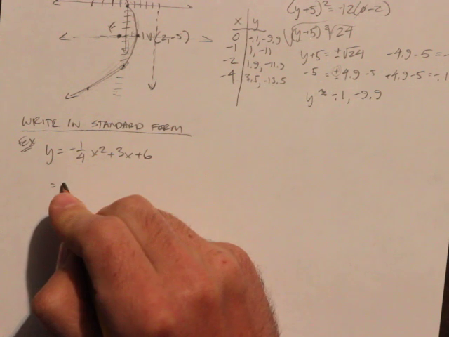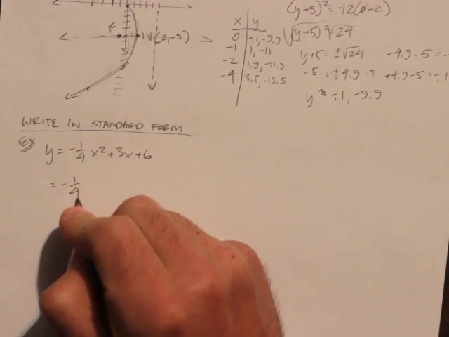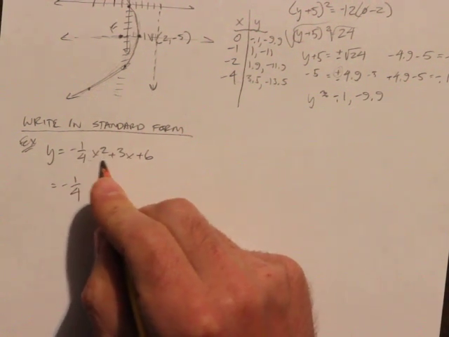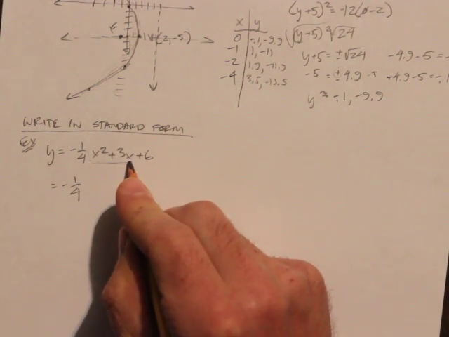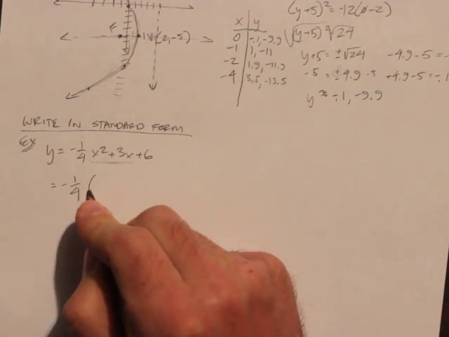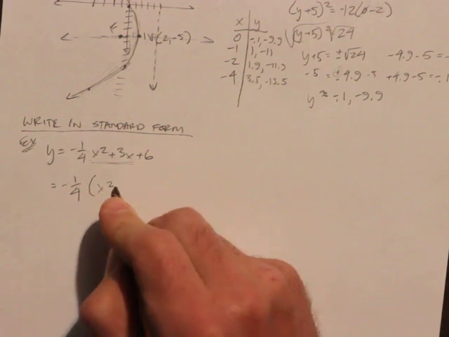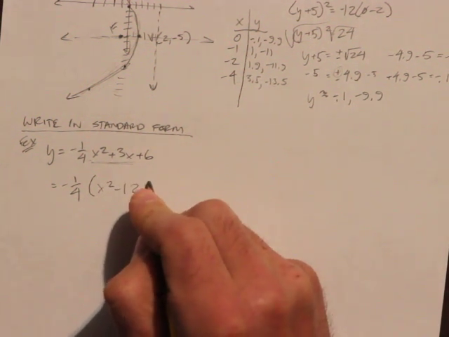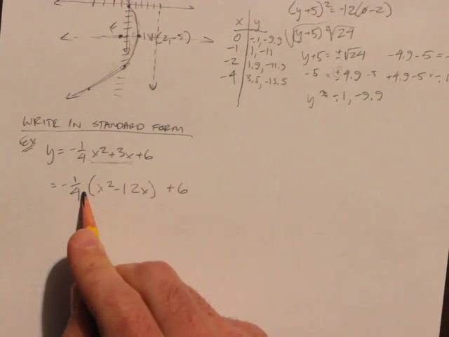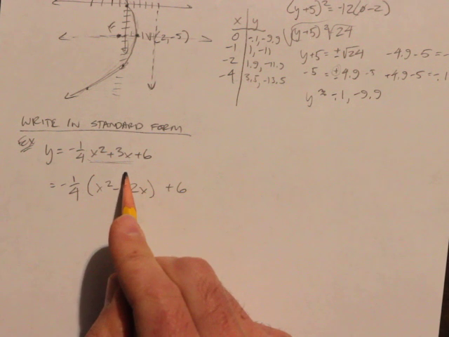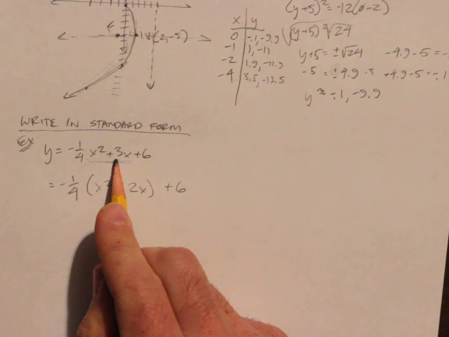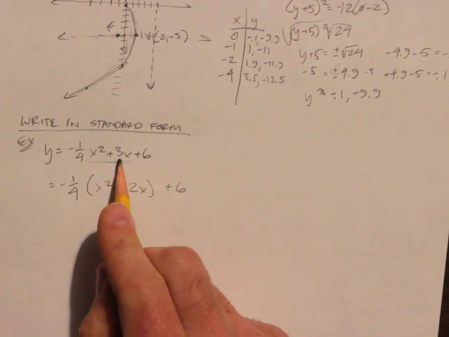y equals negative 1/4. What I'm going to do here is make a parenthetical statement: x squared minus 12x, plus 6. What I've done here is asked, what do I multiply negative 1/4 by to get 3?